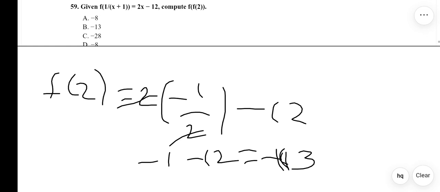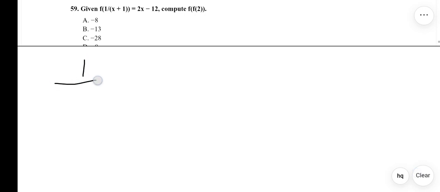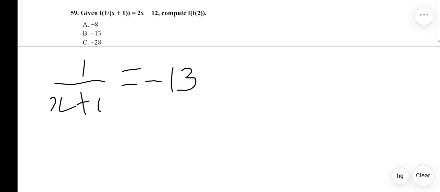So if I want to get f of minus 13 from this function, it is a point whereby this 1 all over x plus 1 is same thing as minus 13. My inputs are the same, so my output will be the same. So with this now, I will set this 1 all over x plus 1, which is my input, to be equal to the input that I'm going to put here, which is f of 2, which gave me minus 13.